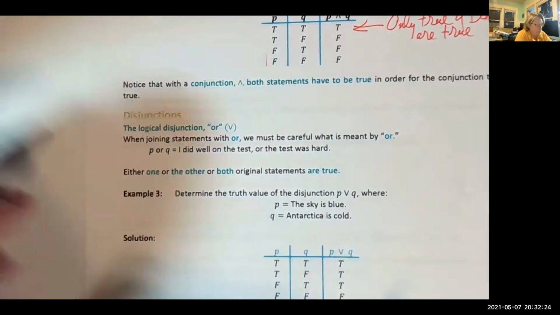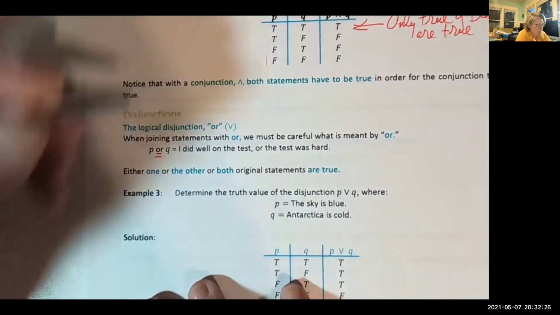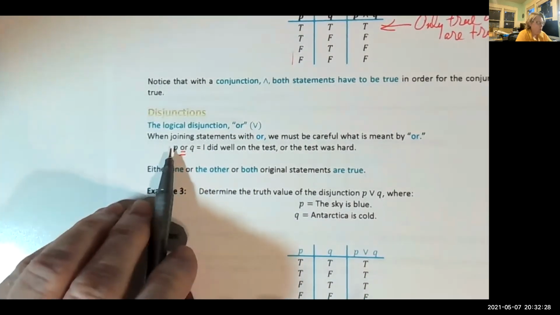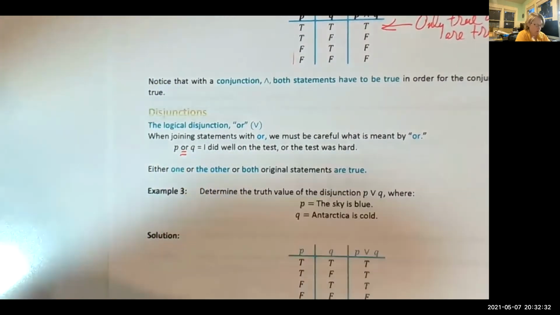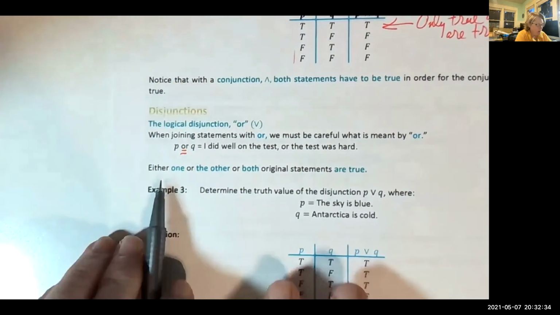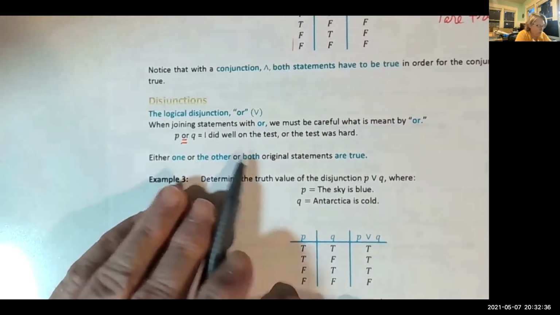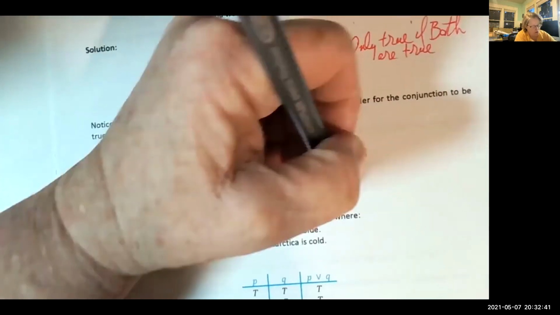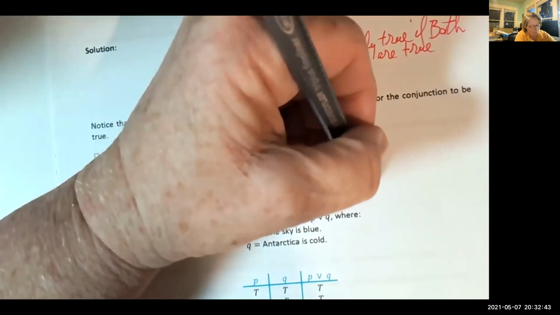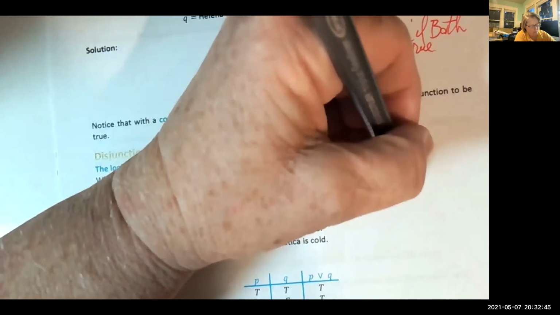With or, if one or the other or both are true, then the outcome is true. So either one or the other or both original statements are true implies the outcome is true.